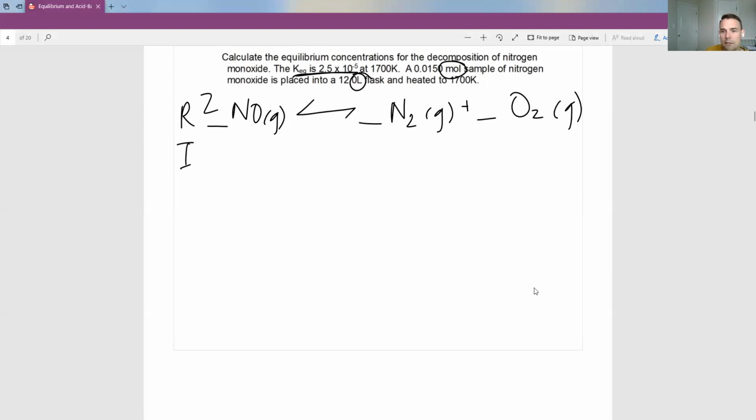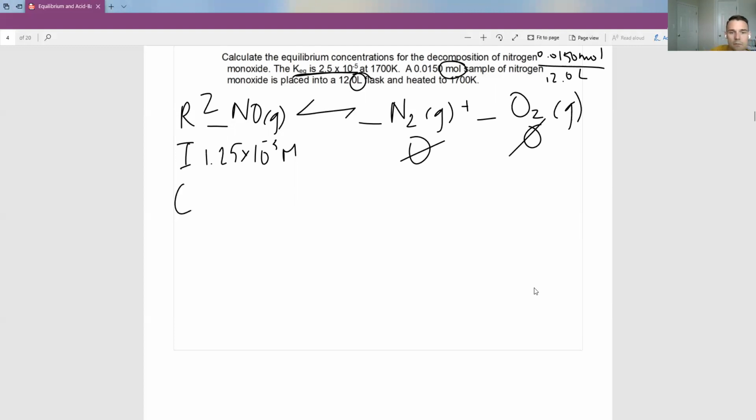I is the initial concentration, so I'm going to take that 0.0150 moles and divide it by 12.0 liters, which I'm going to write here, 1.25 times 10 to the negative third molar. We don't have any of the product. We're just starting with nitrogen monoxide.